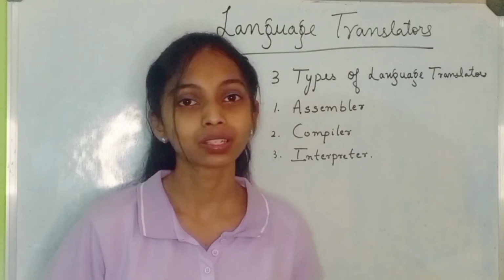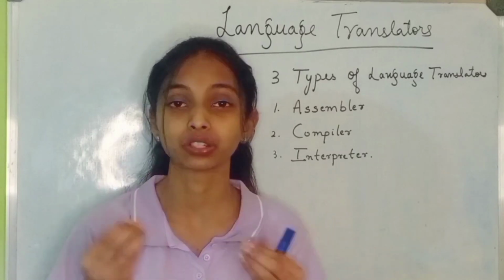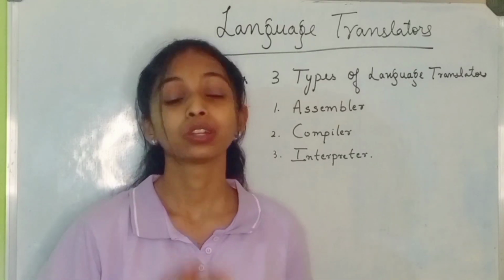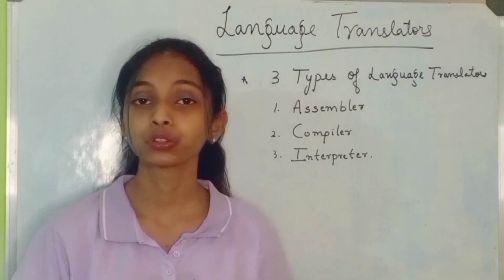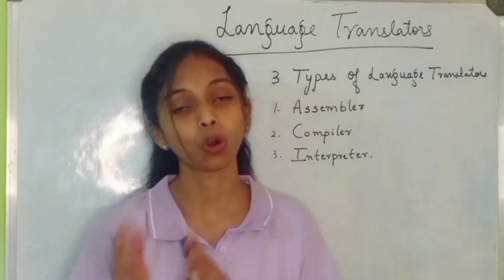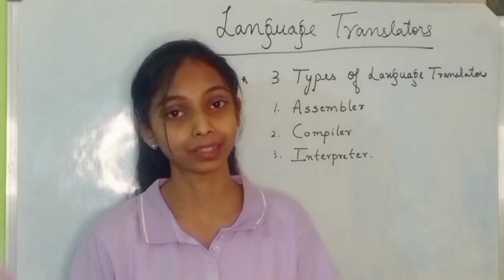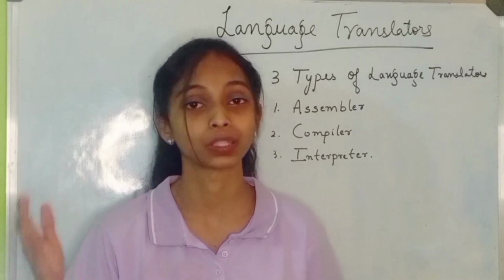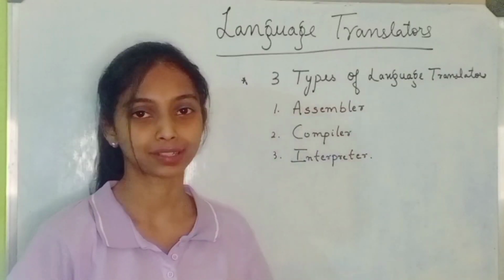Why? We have discussed in the previous video that the computer will not understand all the English words or phrases and all. So in order to make your computer understand, what we have to do is, we have to convert the source code into the object code, that is the program into the object code, that is to the binary languages, which will be in the form of zeros and ones. This kind of translation is done by the language translators.